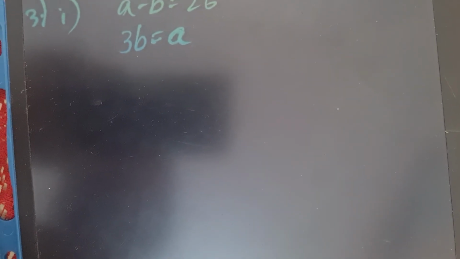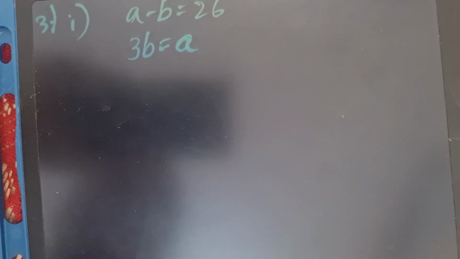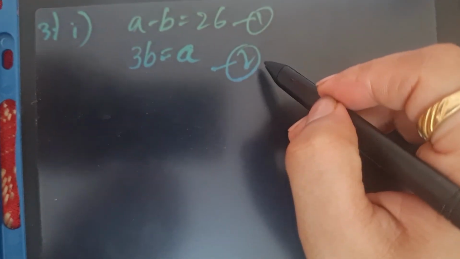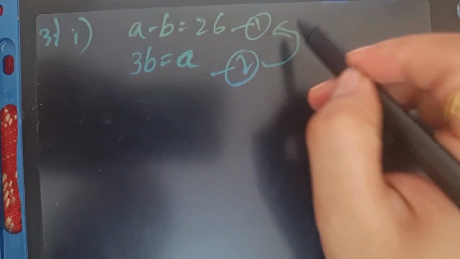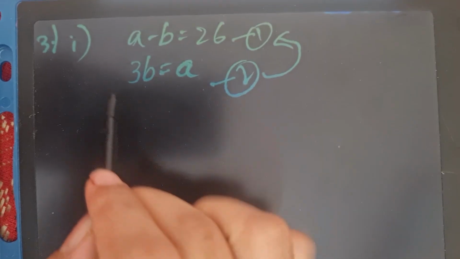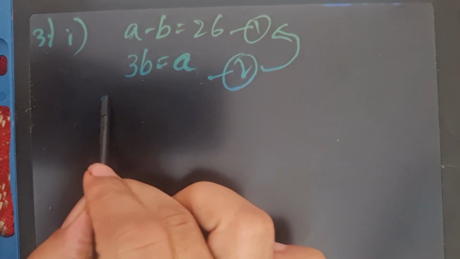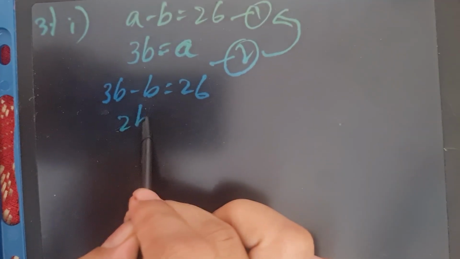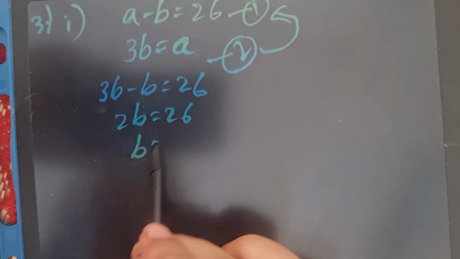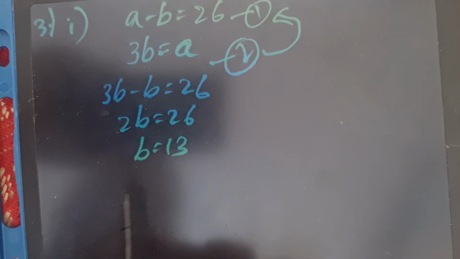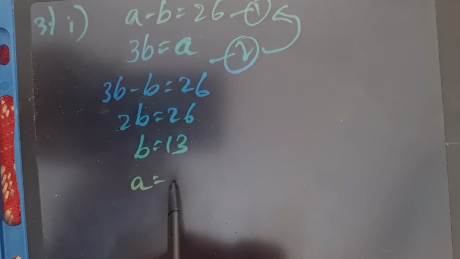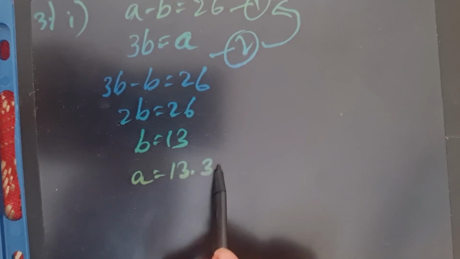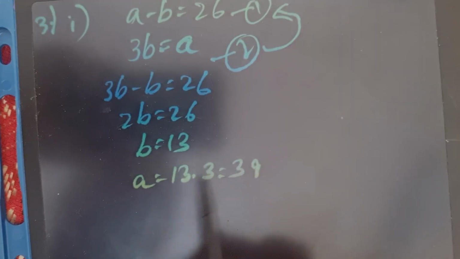And we will solve these two equations using the substitution method. So we will put the value of a from equation 2 into equation 1. So 3b minus b is equal to 26, 2b is equal to 26, b is equal to 13 and a is equal to 39.